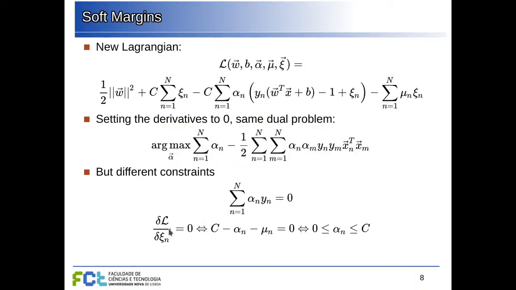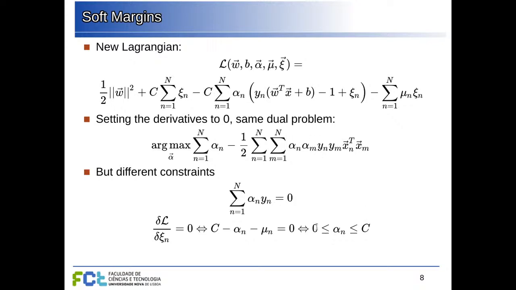This constraint that would tell us previously that alphas must be larger than 0 now has an additional constraint. The alphas must also be smaller or equal to C. So this is the only difference that adding this slack variable makes. When we do all the derivation, everything evens out and cuts out.